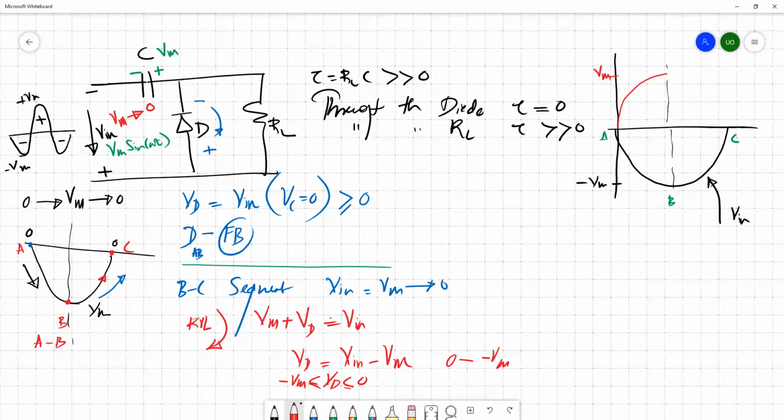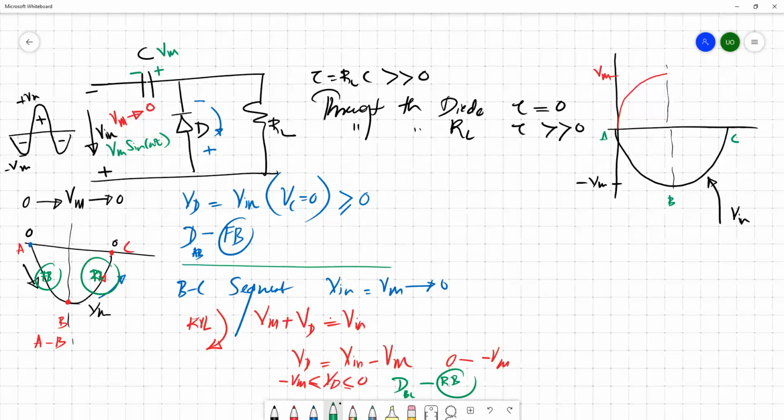So it means that during this BC segment we are applying a negative voltage across the diode, so it becomes reverse biased.